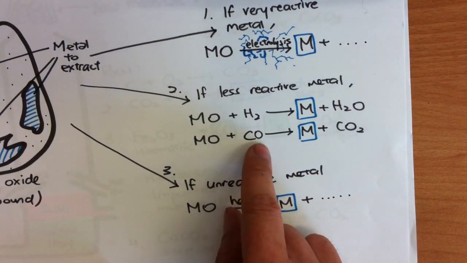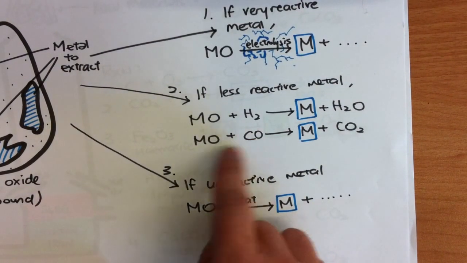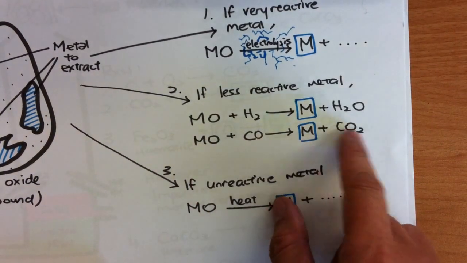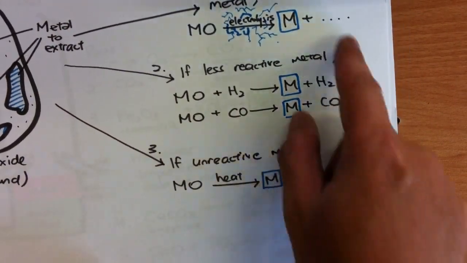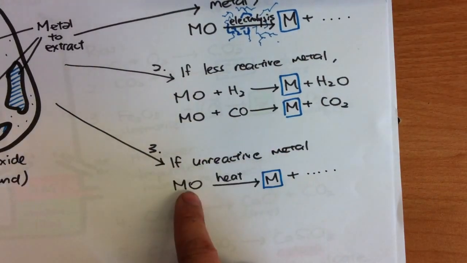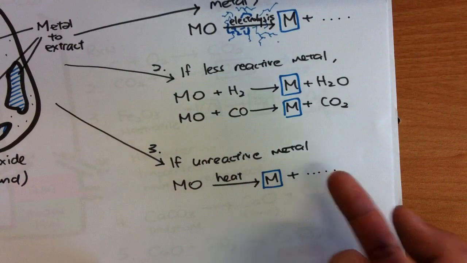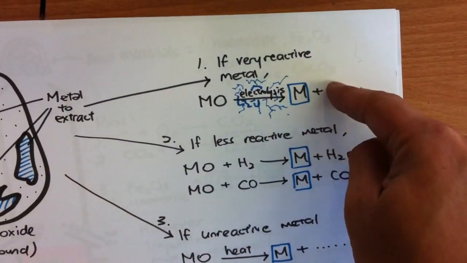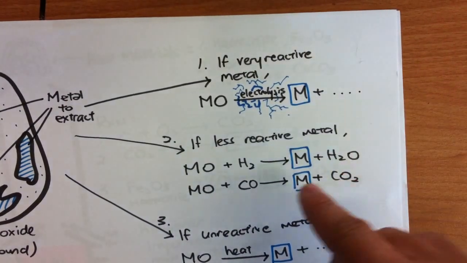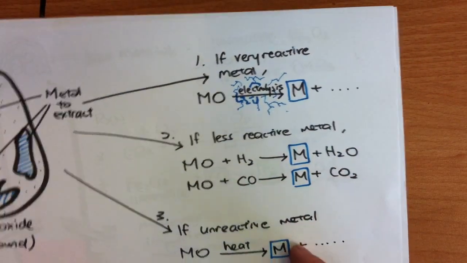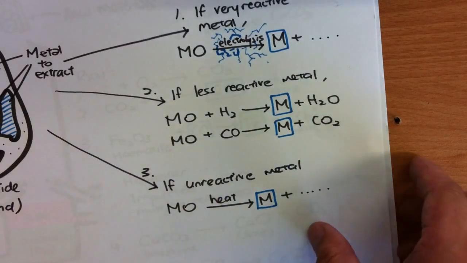Or in the case of the blast furnace, I will use carbon monoxide with the metal ore, and the metal will be abstracted and carbon dioxide will be released. So these are different methods. And the last category is the unreactive metals. You simply heat them and they will decompose, and the pure metal can be obtained. So three categories: electricity, hydrogen, carbon monoxide or even carbon, or simply thermal decomposition, just heating.